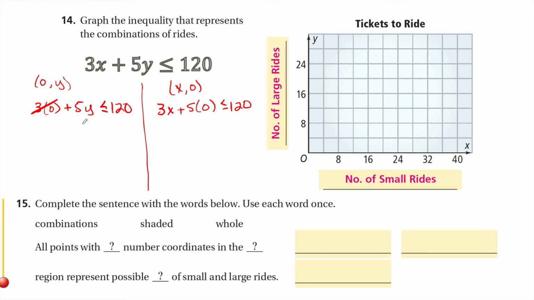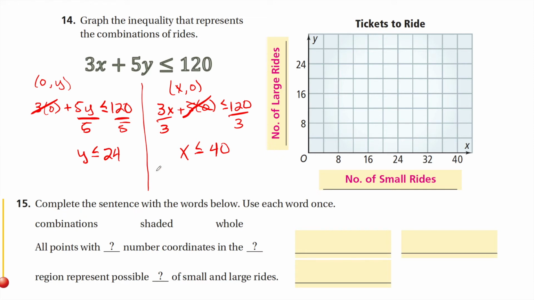If I want to get y by itself, I can divide both sides by 5. You would get 120 divided by 5, which is 24. And then the same thing over here, only in this case, we get rid of the 5 portion because that equals 0 anyways. Then we can divide everything by 3, and you'll get that x has to be less than or equal to 40.